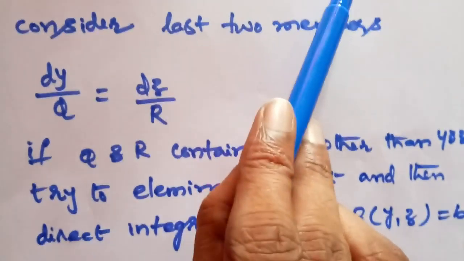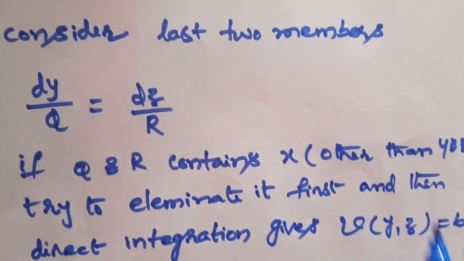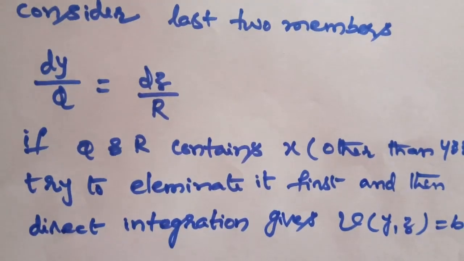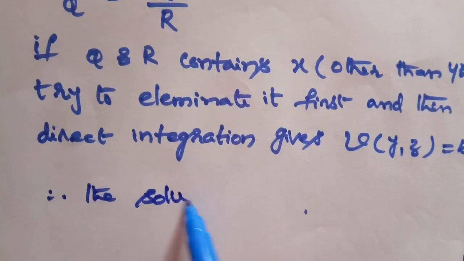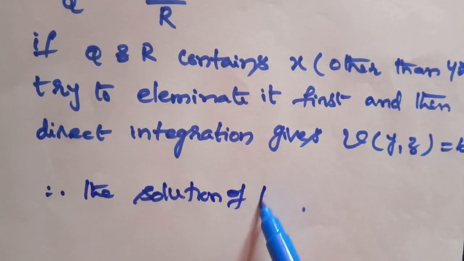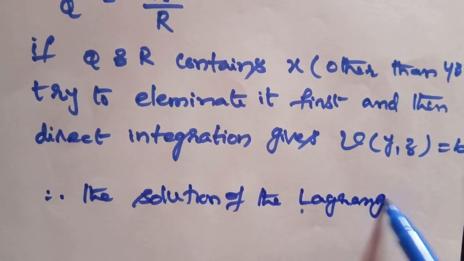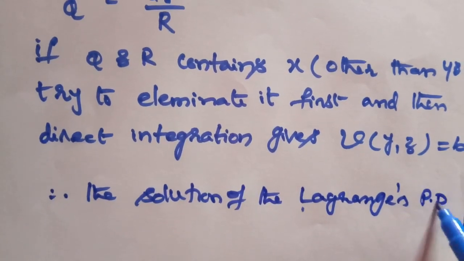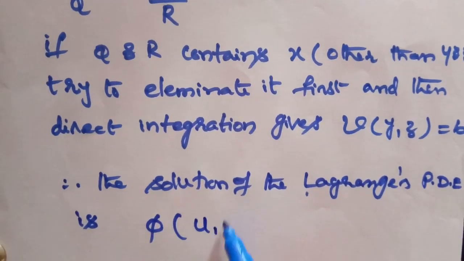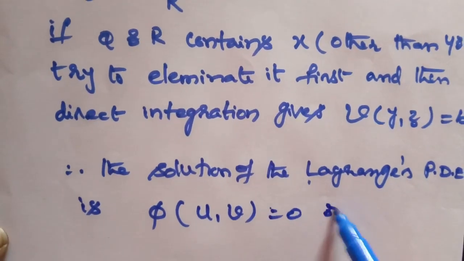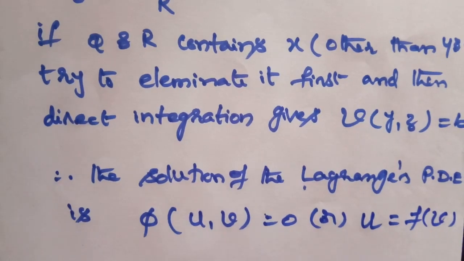Therefore, we have u of x comma y is equal to a and v of y comma z is equal to b, two independent solutions. Therefore, the solution of the Lagrange's partial differential equation is phi of u comma v is equal to 0 or u is equal to f of v.